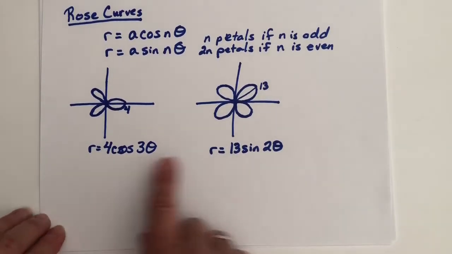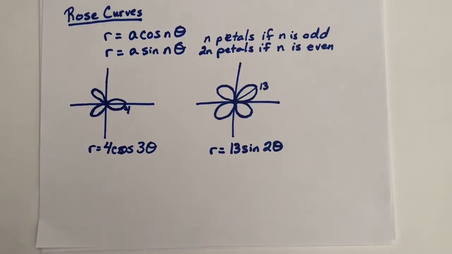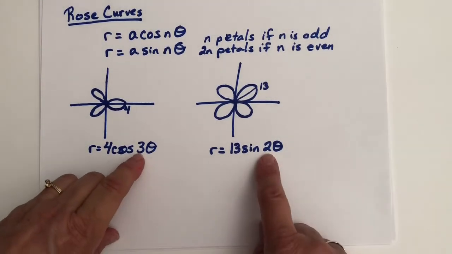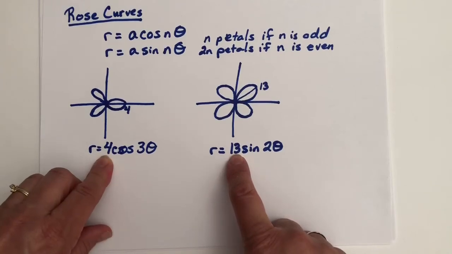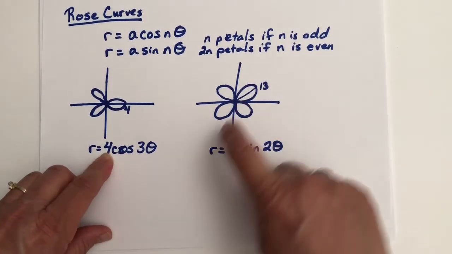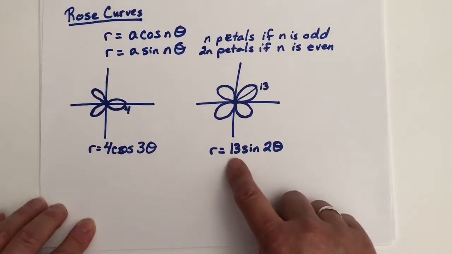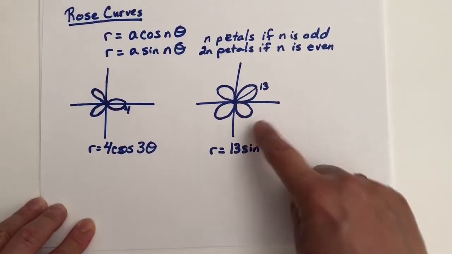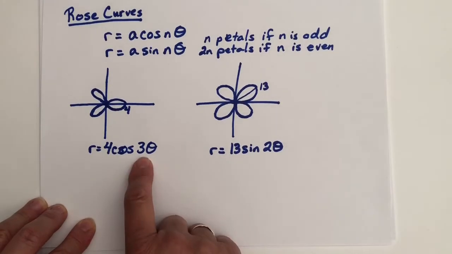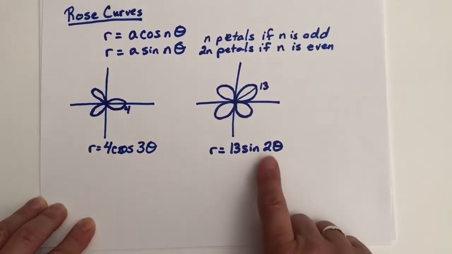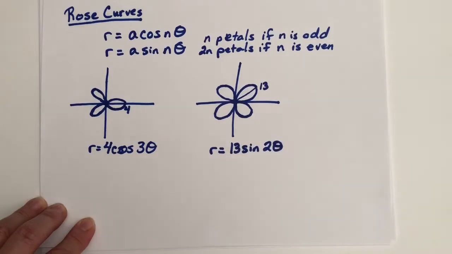The cosine or the sine helps determine the orientation of the graph, and the a is going to tell us how long each petal is. Here it was 4, so our petals are each of length 4, and in this equation each petal is of length 13. And on this one we would have 3 petals, and this one 2 times 2 petals, or 4 petals.